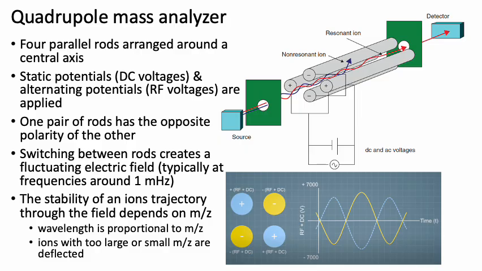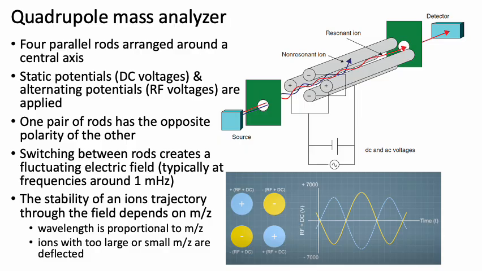So up until now, I mostly focused on what we call magnetic sector instruments. But there are also quadrupole mass analyzers. How these work is that they have 4 parallel rods aligned around a central axis, and static potentials, DC voltages, are applied to some rods, and alternating radio frequency voltages are applied to the other rods.